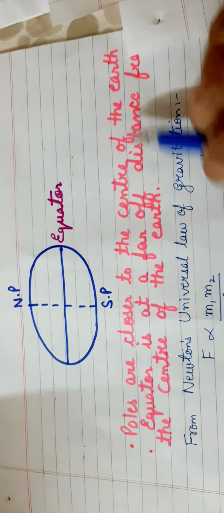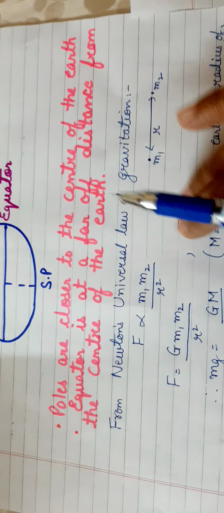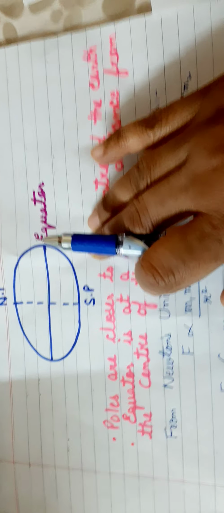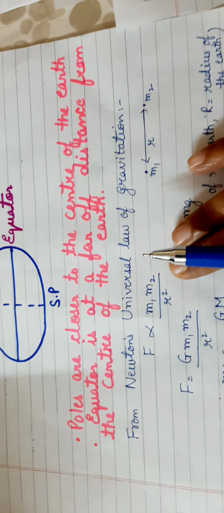Now here I would like to tell you something about Newton's universal law of gravitation, which we are going to study in the next chapter. But here I would need to explain this in order to understand this point. So in short, I will explain it to you.